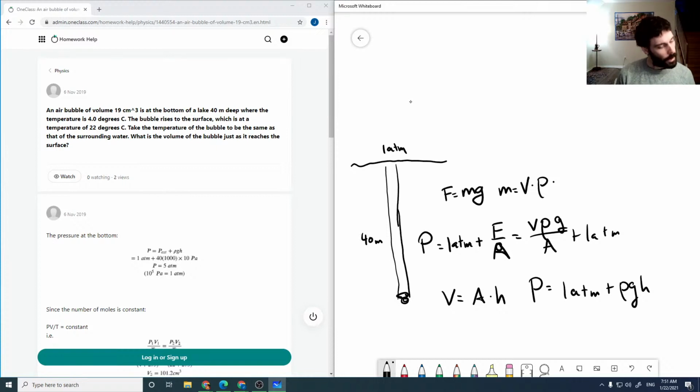So for rho, I'm going to use just 1, and so the pressure for the bubble 40 meters below the surface is 1 atmosphere plus 1 times 9.8 meters per second squared times our height, which is 40 meters.